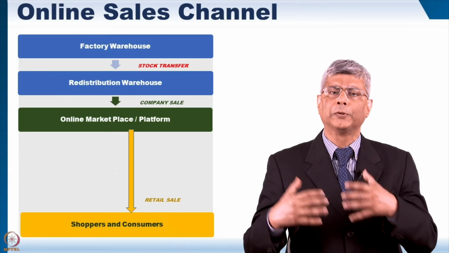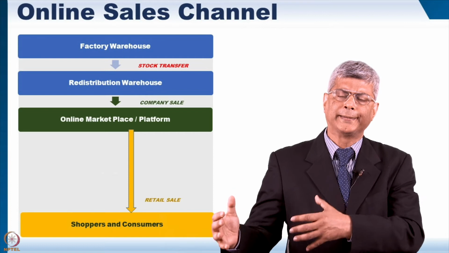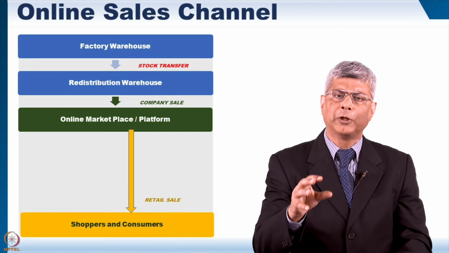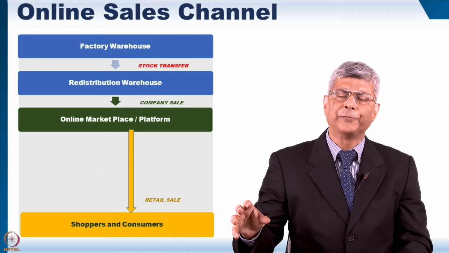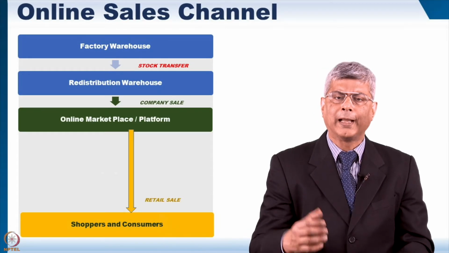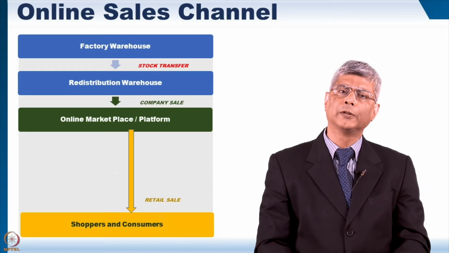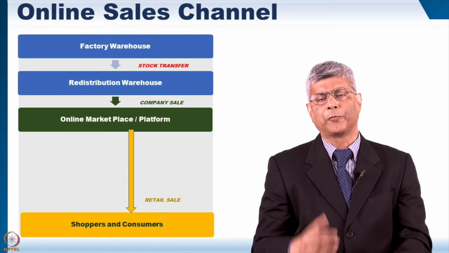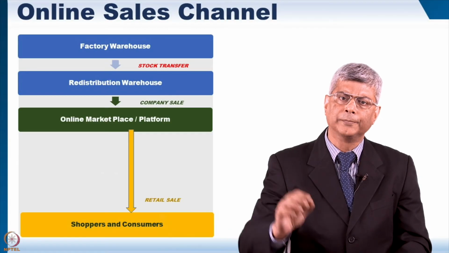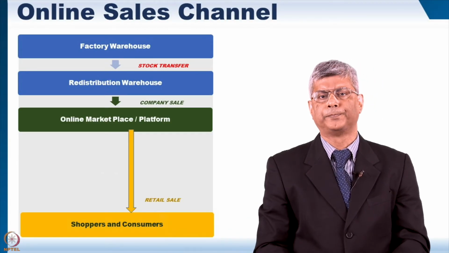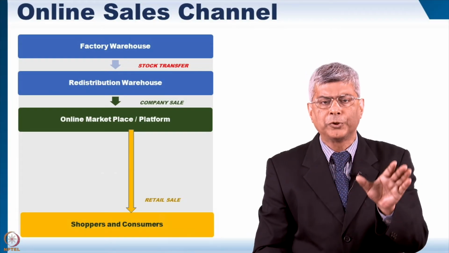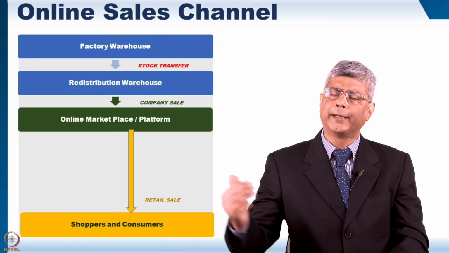But before I go to the actual pictures and some examples, I wanted to stop a while and talk to you about the difference if you buy, instead of from a retailer next door, from an online channel, Amazon, Myntra, Flipkart, Nykaa, or the ITC online store, etc. The difference here is that from the redistribution warehouses, it doesn't go to the distributor.